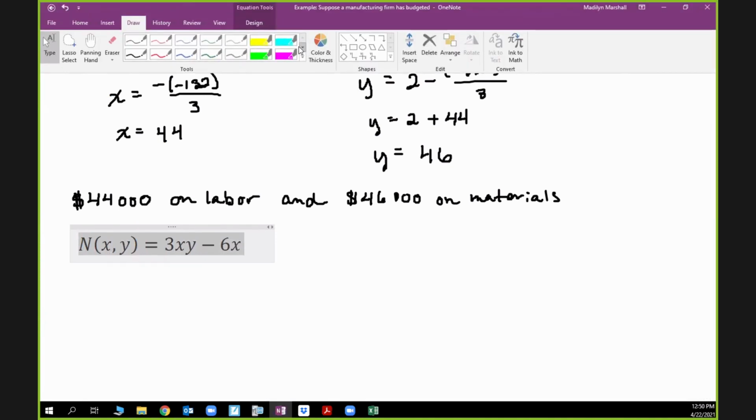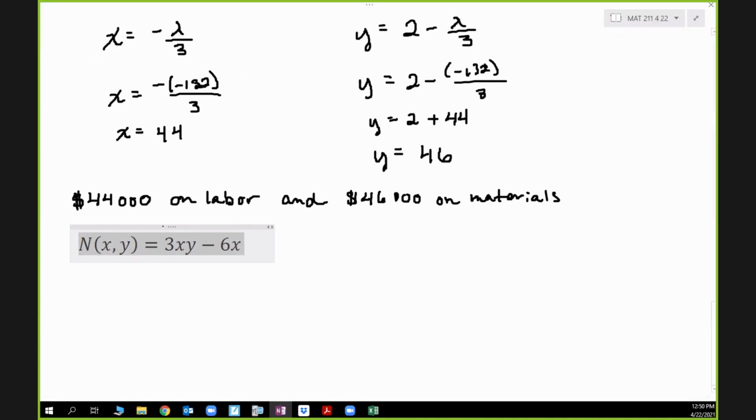We have to remember, even though our answer is 44,000 on labor and 46,000 on materials, the X and the Y are still just 44 and 46. So to find our maximum output, we'll plug in 44 and 46.